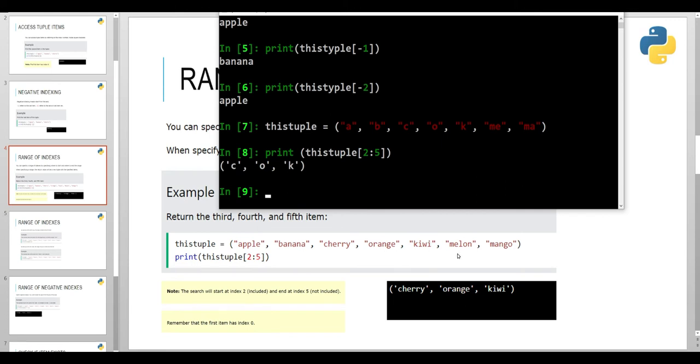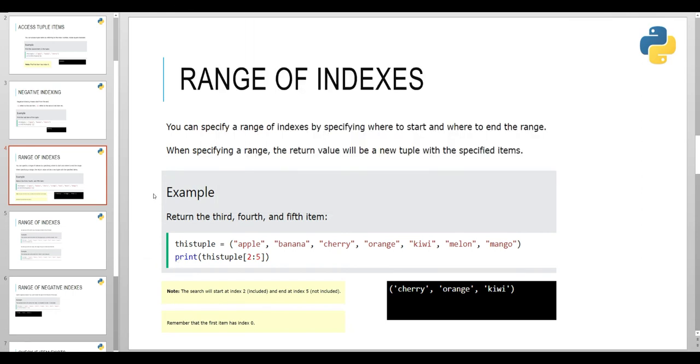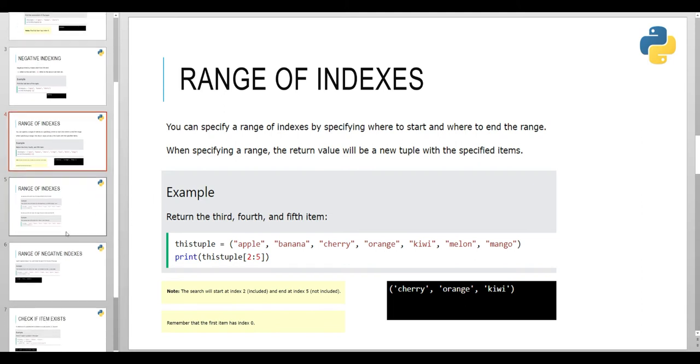But keep in mind, the last item is not included. It is like selected up to 4. So the 4th item is kiwi. So we have cherry, orange, and kiwi as the output. Right, so this is another method to access the items in a tuple using a range.